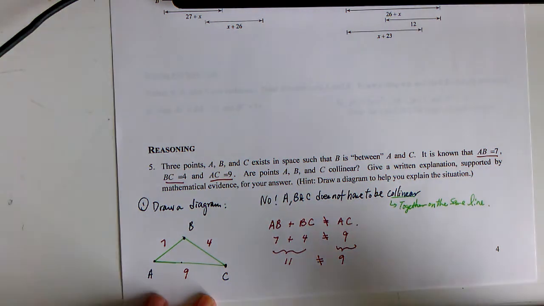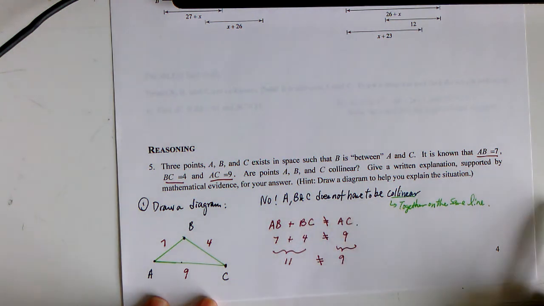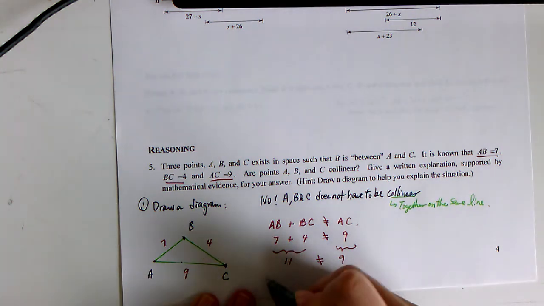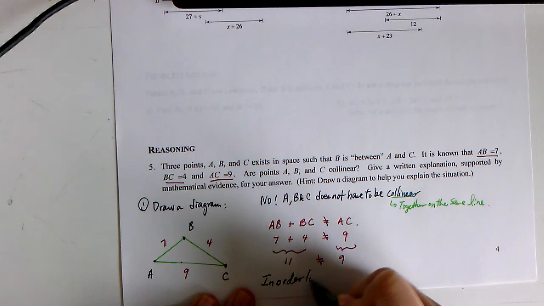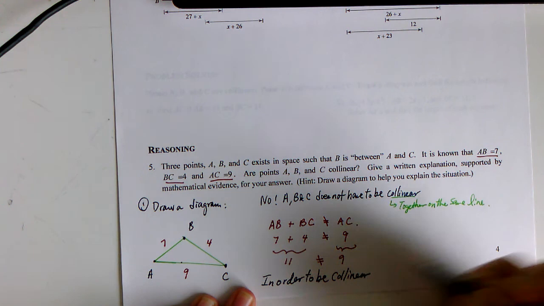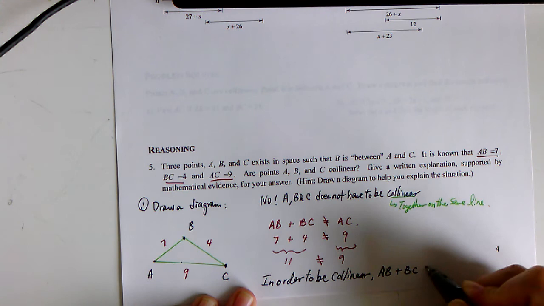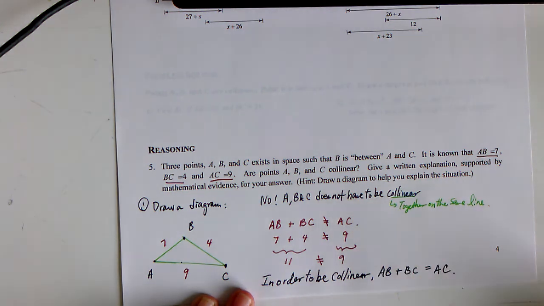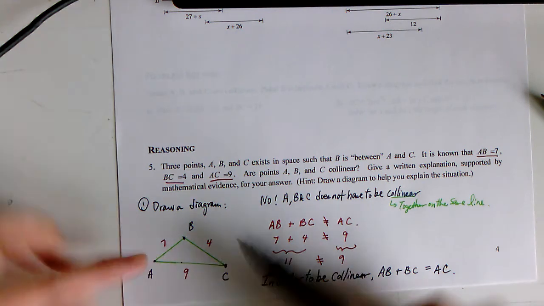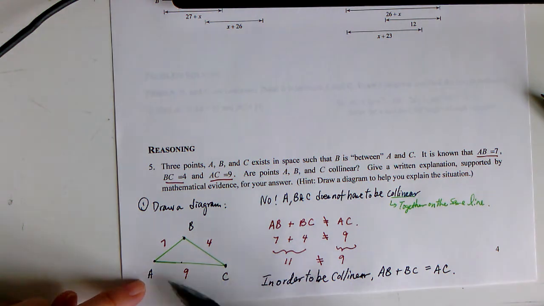So this further proves that A, B, and C do not have a collinear relationship, because previously in the homework we read that in order to be collinear, or together on the same line, AB plus BC must equal AC. In other words, the sum of the lengths of the two shorter segments must equal the last line.